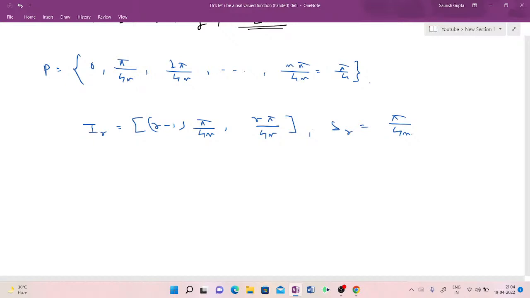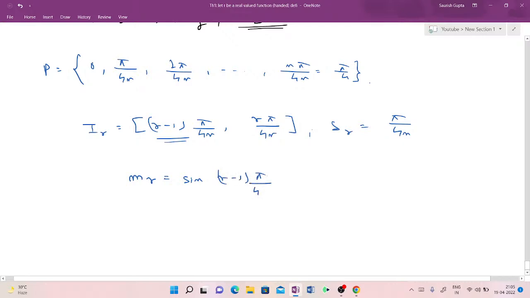So by this concept, we can say that the GLB of this given interval is the sine of the smaller value, because this will be the least value in that interval, since sine is increasing. So sine will take the lowest value at the starting of the interval. So this is sine of (r minus 1) times pi upon 4n.